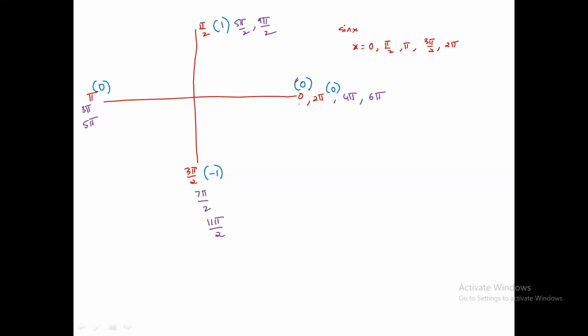So I can say that sine 0 is 0, sine 2 pi is 0, sine 4 pi is 0, sine 6 pi is 0, sine pi is 0, sine 3 pi is 0, sine 5 pi is 0. Sine pi by 2 is 1, sine 5 pi by 2 is 1, sine 9 pi by 2 is 1. Sine 3 pi by 2 is -1, sine 7 pi by 2 is -1, sine 11 pi by 2 is -1.